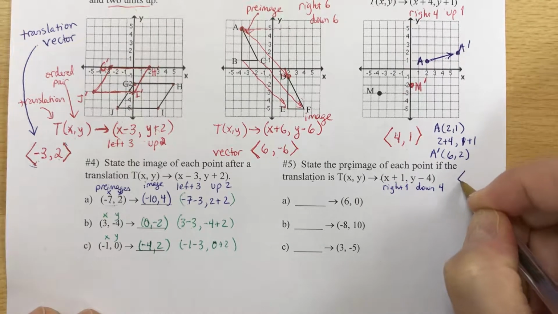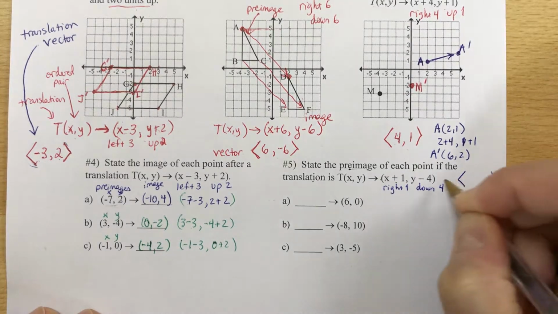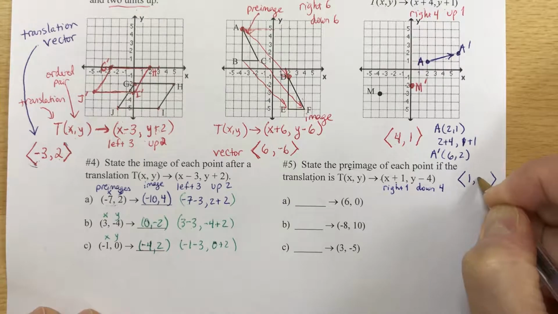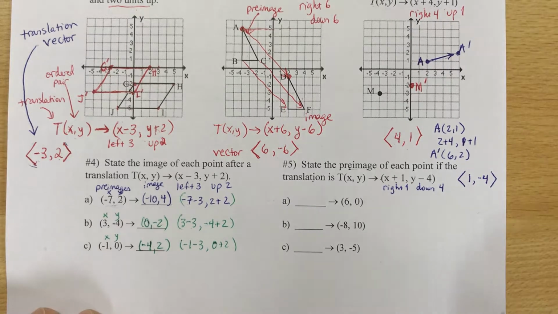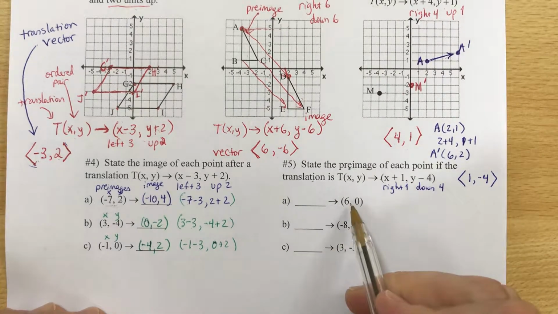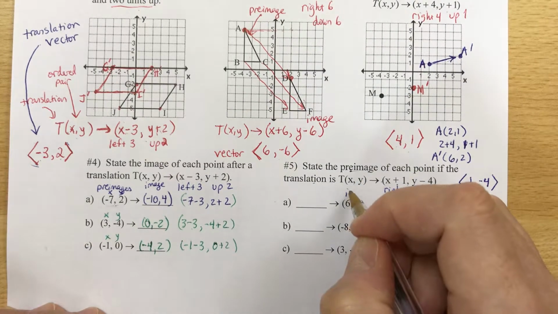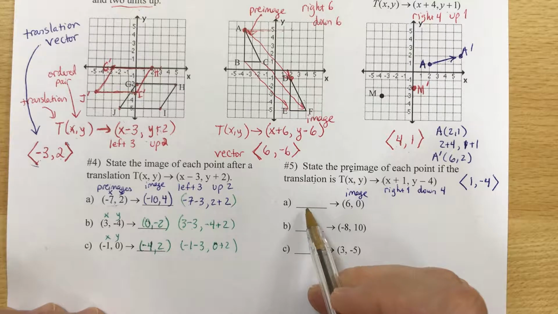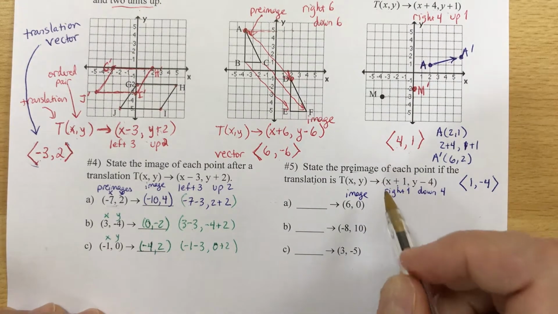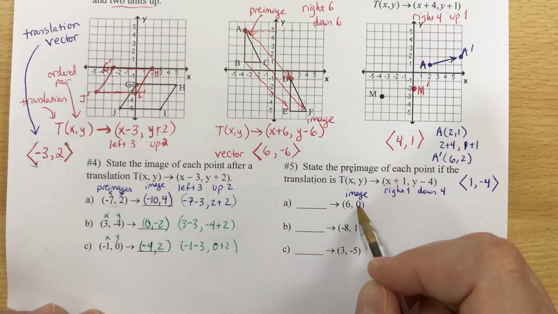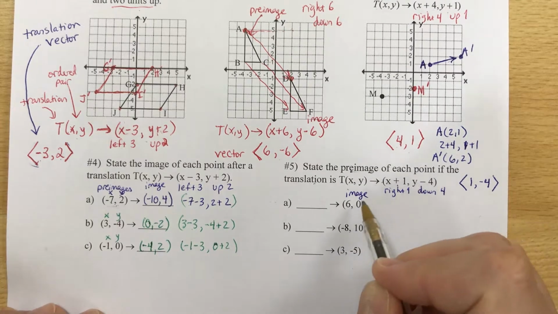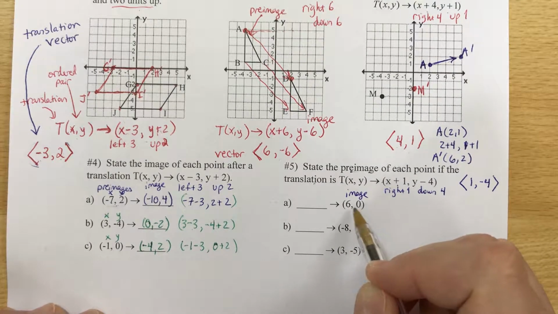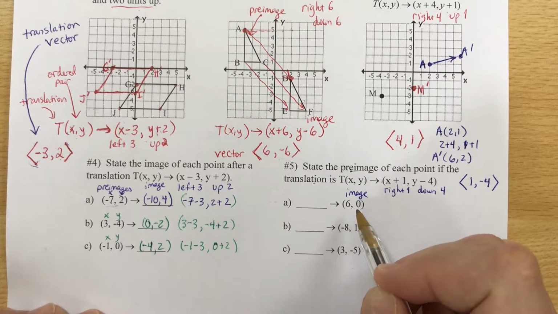If I wanted to write the translation vector, it would be positive 1, negative 4. Now here's the thing. This time they give us the image, and we need to find the preimage. We need to find the starting point. So this is different because I'm not going to put 6 and 0 for x and y. These are not the start. These are the outcomes. This is what I get out of this.